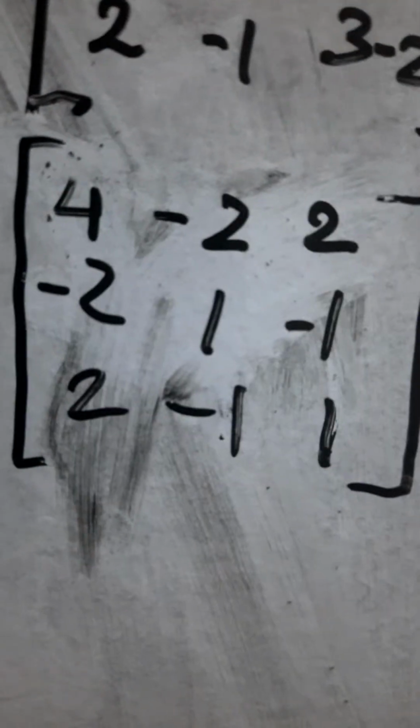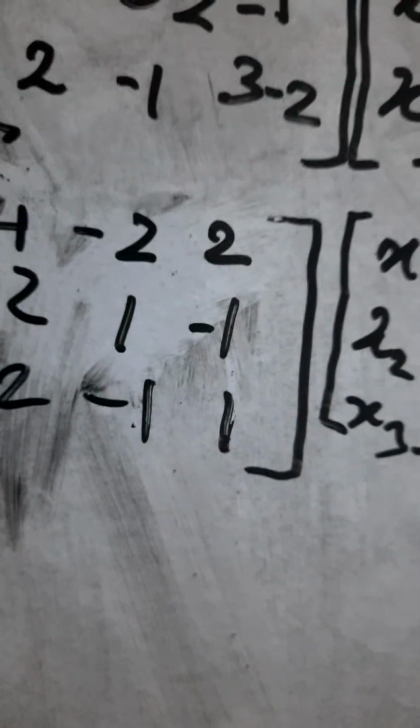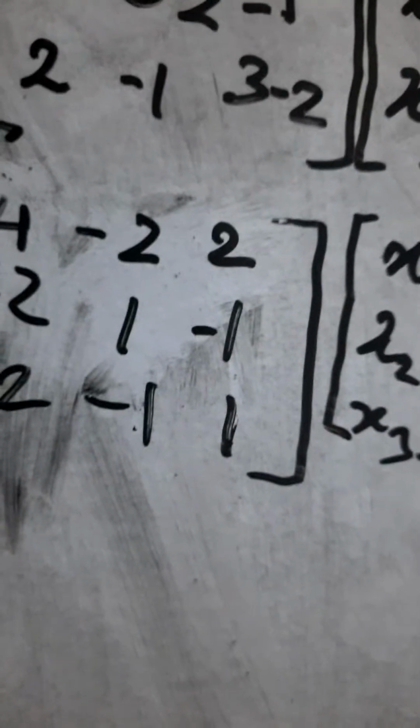4. And when I do R1 minus 2 R3, then 4 minus 2 into 2, 4, 0, minus 2 minus 2 into 1 equal to what? Wait a second, for real? What? 2R3, right? 4 minus 2 into 2, 4, 0, minus 2, minus 2 into 1.